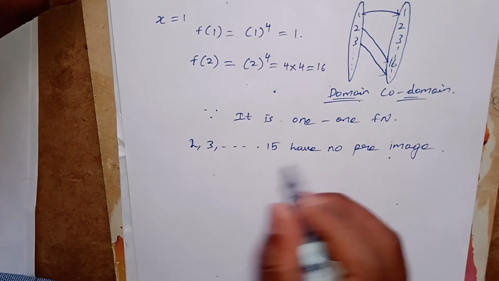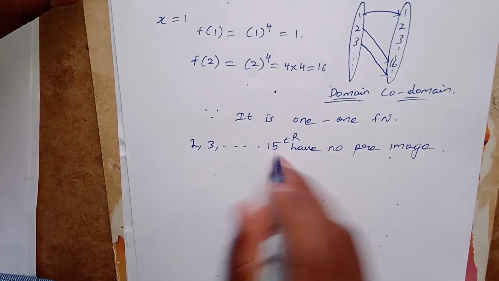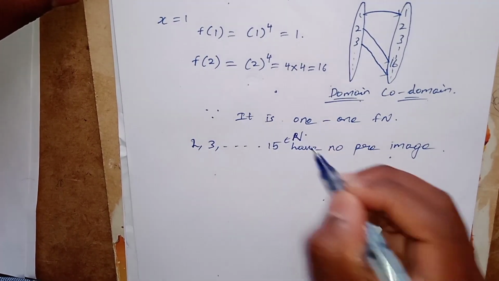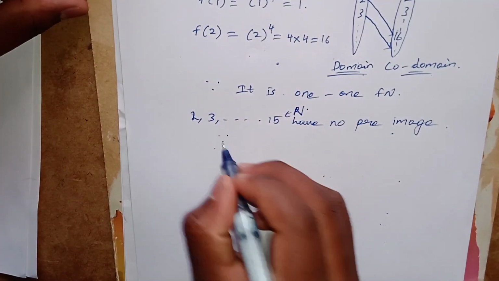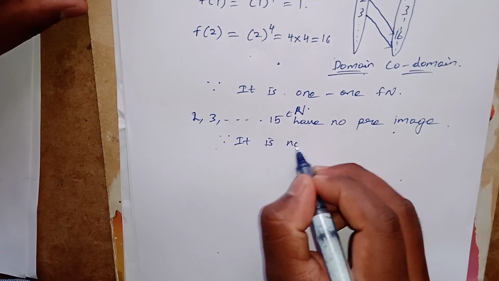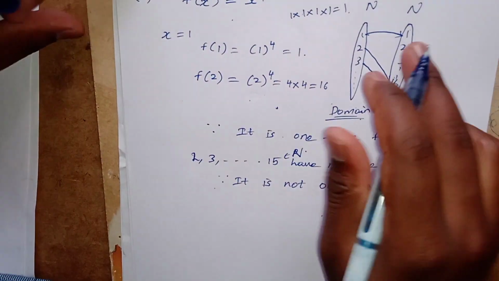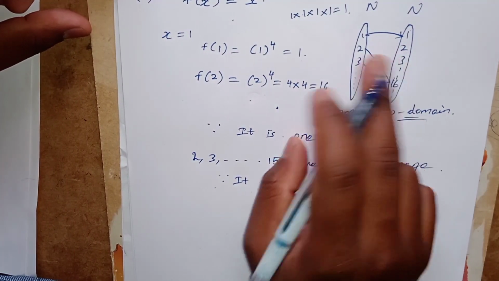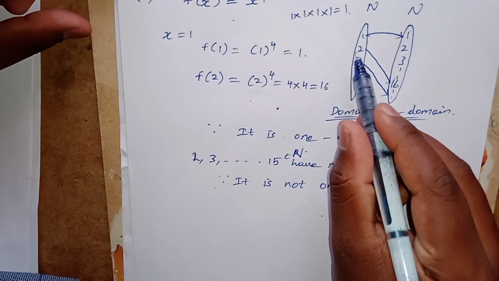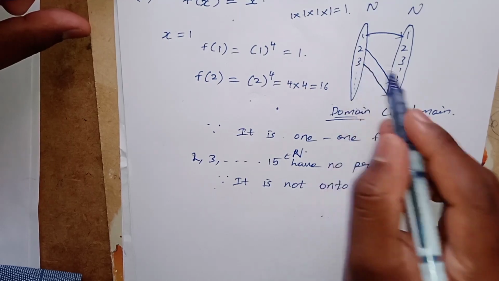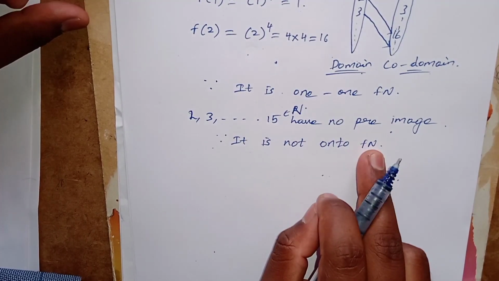It belongs to the natural numbers but has no pre-image, therefore it is not an onto function. If it is an onto function, every term should have its pre-image. But here 2 has no pre-image, 3 has no pre-image, up to 15 has no pre-image, therefore it is not an onto function.